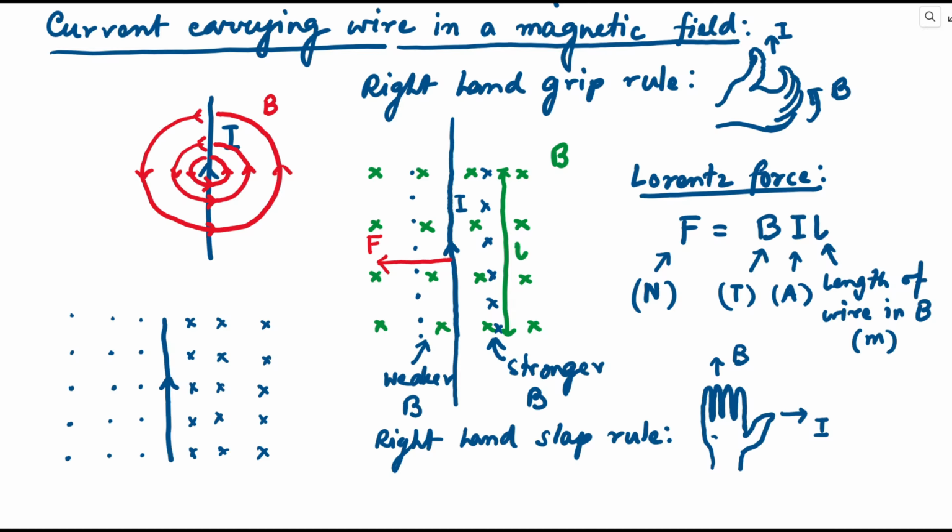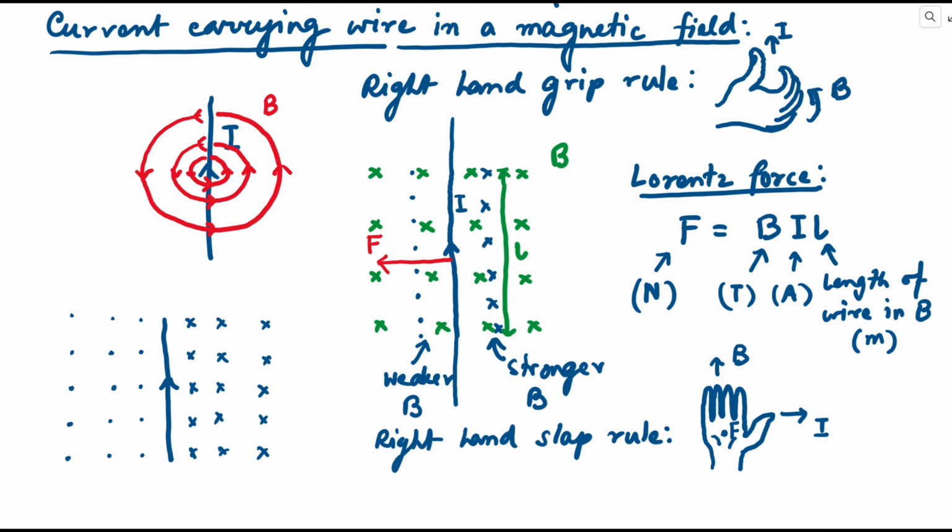And then the palm of your hand will be pointing in the direction of the Lorentz force. So if I take this right hand over here, then the palm is facing out of the surface. So therefore, the Lorentz force in this scenario will be pointing out of the surface as well, and that will be the direction of F.